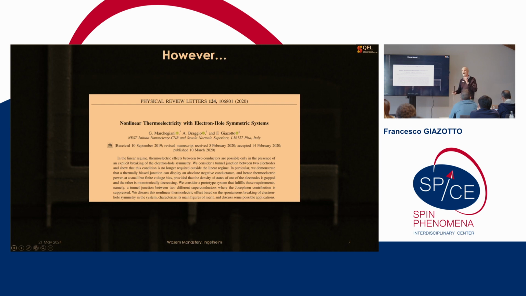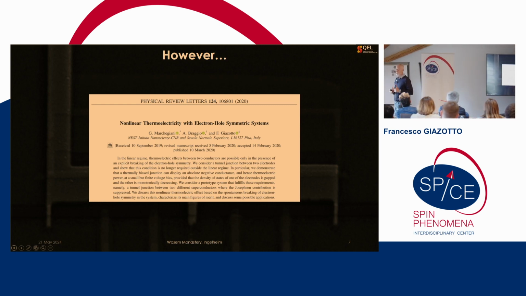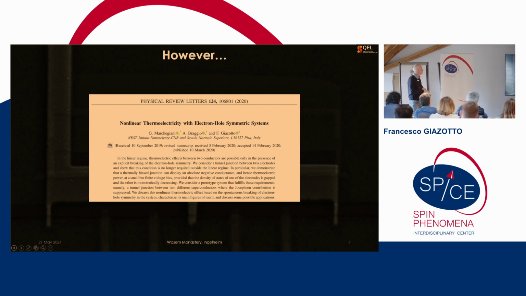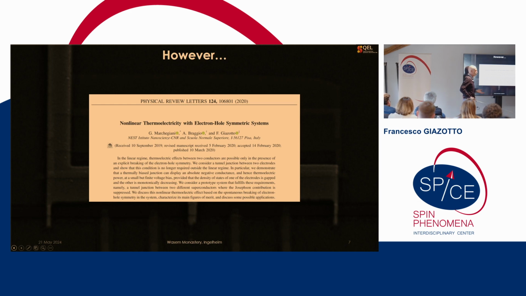So we can, let's say, reverse the idea of generating power in quantum systems. To use suitable materials which are intrinsically electron-hole symmetric, but are combined in a suitable way so that one of the two is gapped and the other has a monotonically decreasing density of states, okay? So if you think about this, we can think of two superconductors.